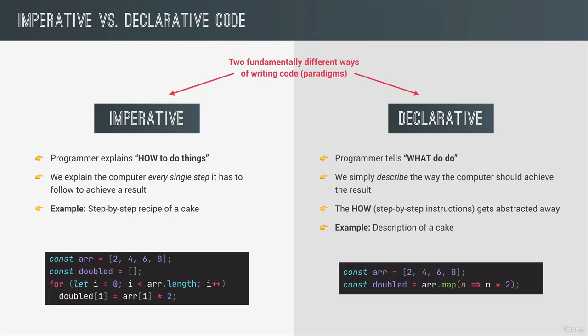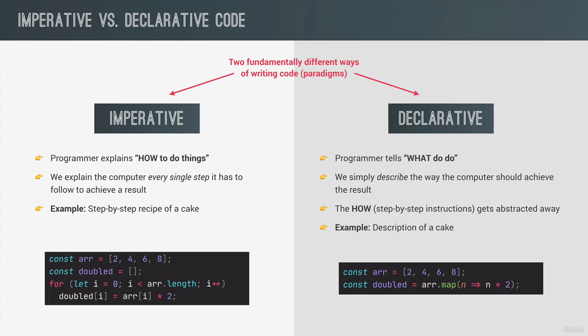We are simply telling it what to do, which in this case is to simply map the original array onto a new array and doubling all the elements. But all these super detailed steps that we have on the left side, like creating an empty array and initializing a counter, all of these steps have been abstracted away because we don't really care about them.